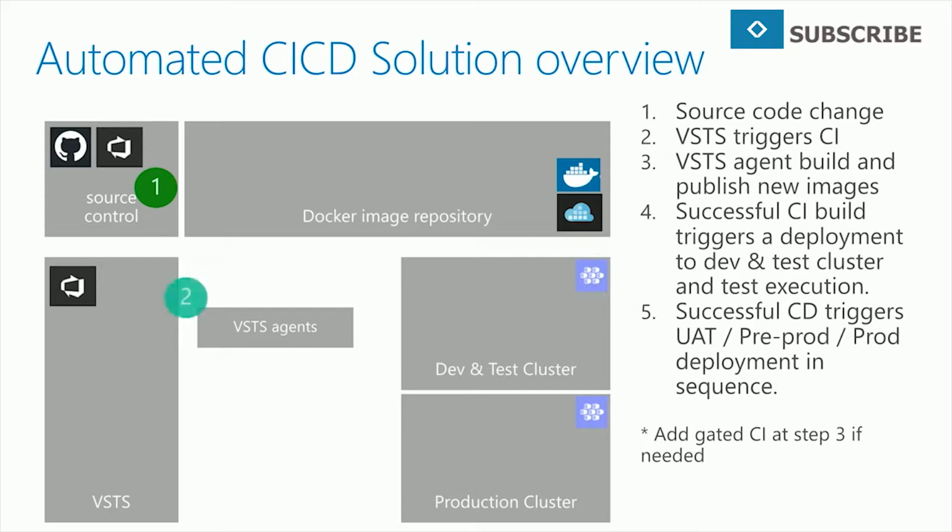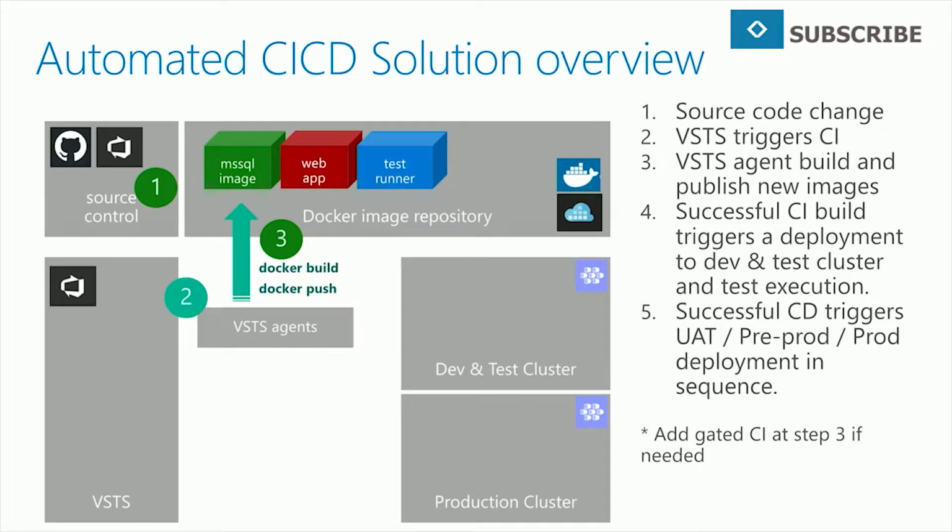Once it is detected, you can automatically trigger a continuous integration build and ask the VSTS agent to start the job. The job that the VSTS agent executes is Docker build and Docker push that we already saw in our demo. The importance is that all those command line actions and scripts that we have walked through today are all automatable using Visual Studio Team Services and the VSTS agents.